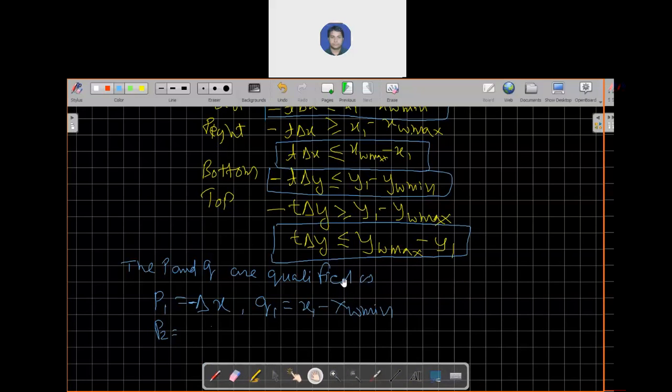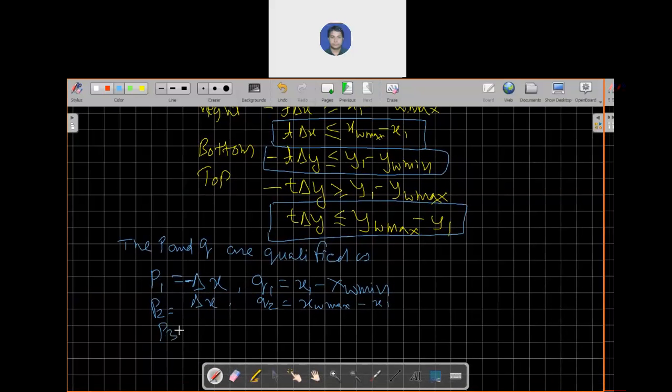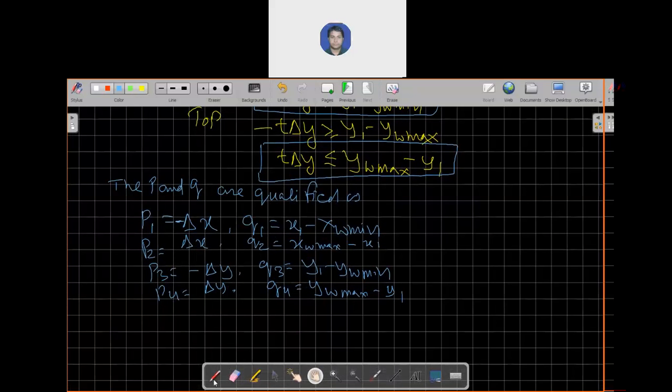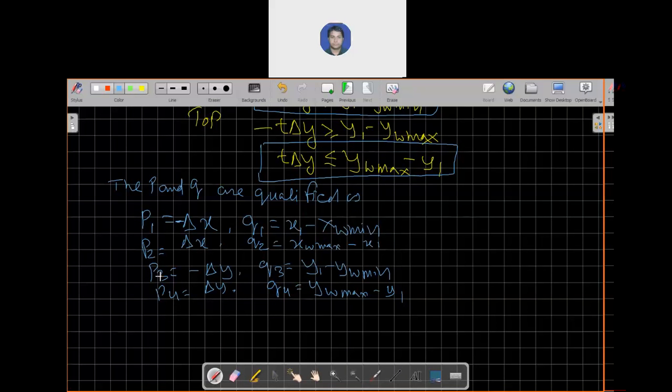And p2 equals delta x, and q2 equals the right-hand side remaining term, which is xw max minus x1. Then p3 is minus delta y, and q3 is y1 minus yw min, and p4 is plus delta y, and q4 is yw max minus y1. So we have found all the values of p1 to p4 and q1 to q4. P1 is for the left boundary, p2 for the right boundary, p3 for the bottom boundary, and p4 for the top boundary.